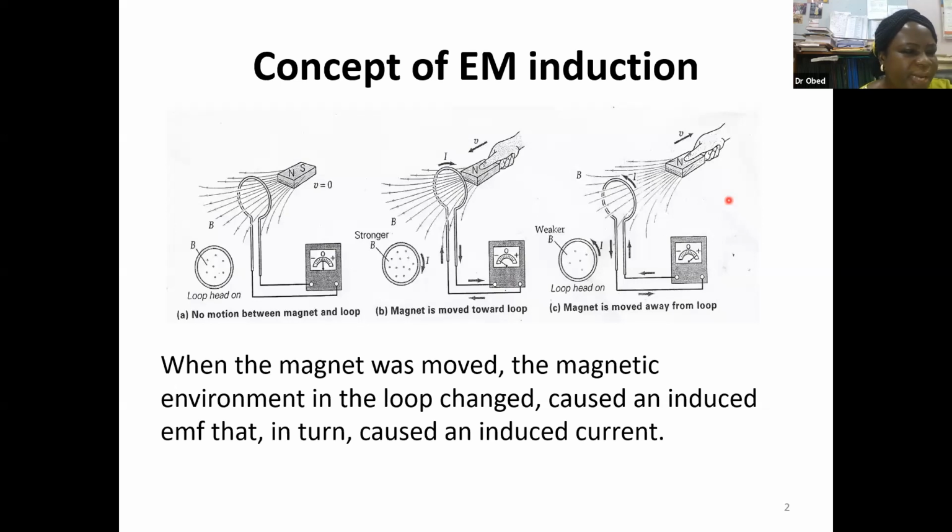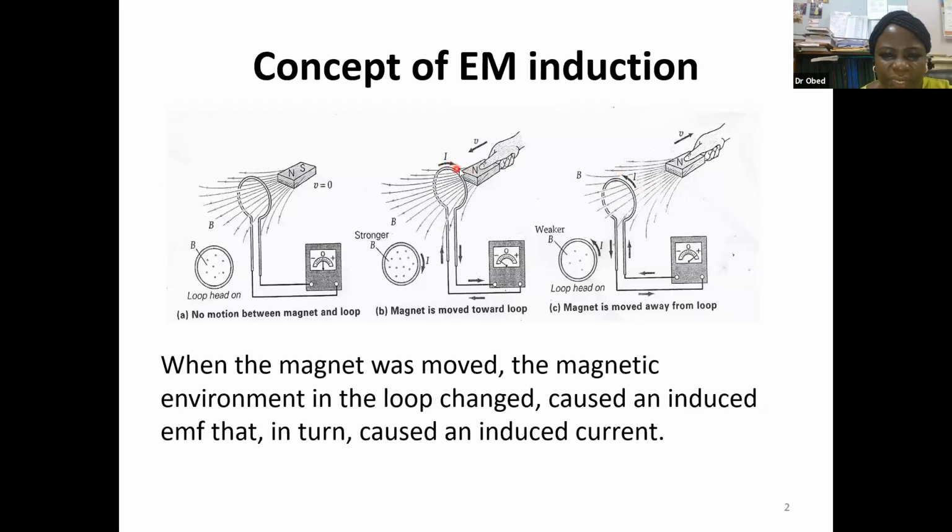So moving the magnet away from the loop decreases the number of lines passing through the loop. If you count here, you can see about 5 lines passing through the loop. So the induced current is now in the opposite direction. You can see that the induced current is now in the opposite direction to this one.